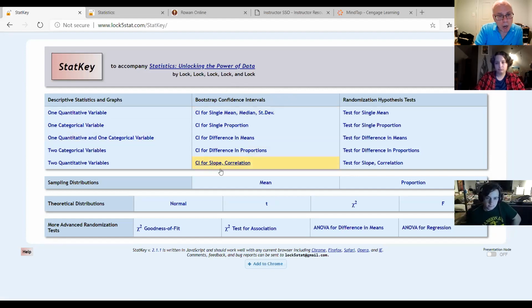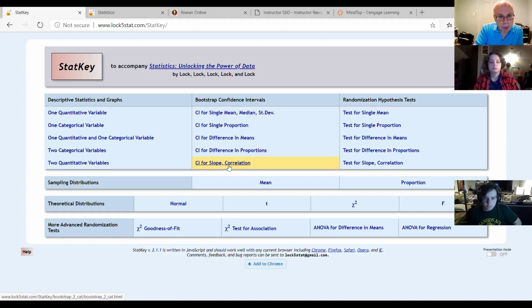We're going to go right into here, and the ones that we're going to use, now CI means confidence intervals, are single proportion, difference in proportions, difference in means, and the first one here, CI for single mean. We're not going to use it for median or standard deviation. So the last one we're going to ignore, where it says slope and correlation. We're not going to do that one.